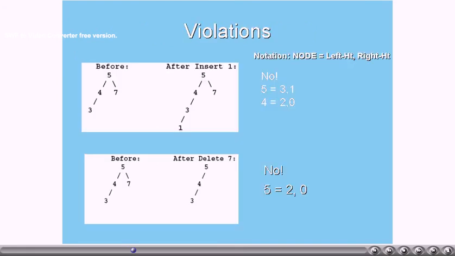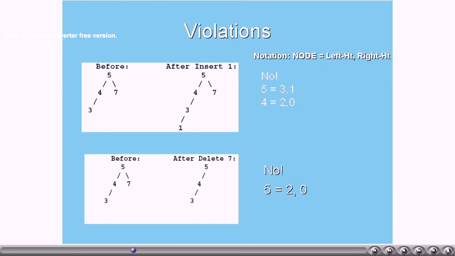Consider the following simple examples also. In the first figure, if we insert 1 into the binary search tree, which is already an AVL tree, after insertion it will lose the AVL property. So we have to bring it back in such a way that the property will be maintained.